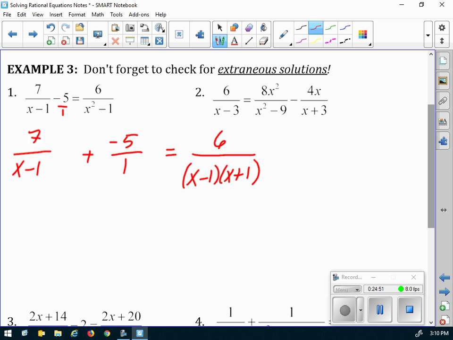It's still not that hard. What is your common denominator? X minus 1 times x plus 1. This first fraction, what does it need? This one needs x plus 1.